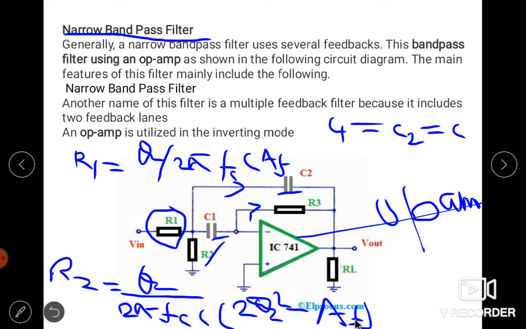So basically, while designing the narrow band pass filter, we select R1 and R2 by using these formulas, right?